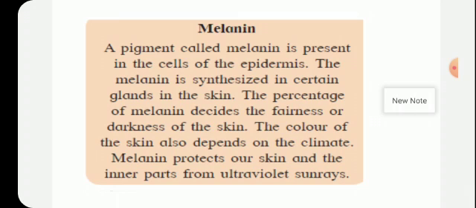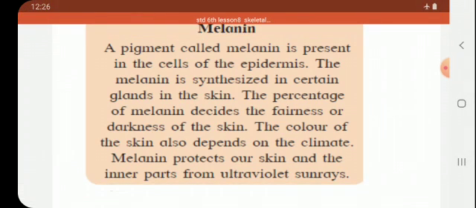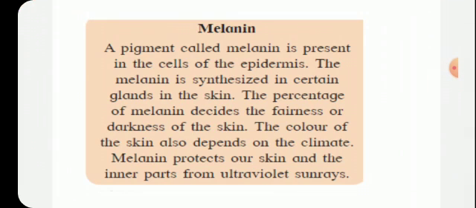But as nowadays pollution is there, ultraviolet rays are entering in more amount, and people are facing skin problems. Second, after a certain age, as the production of melanin reduces, a person finds patches of different colors on the skin, and that is only because of the lesser amount of melanin.